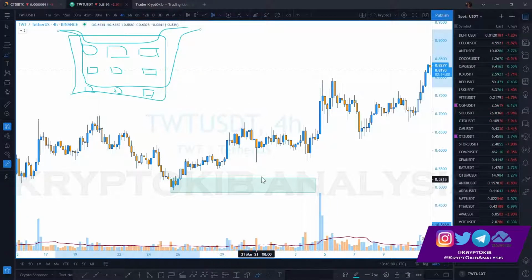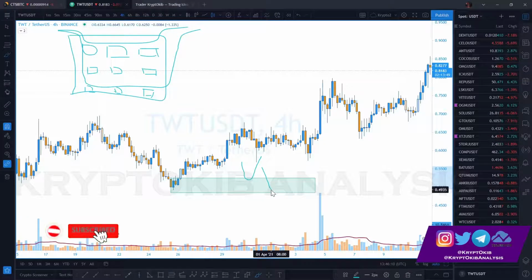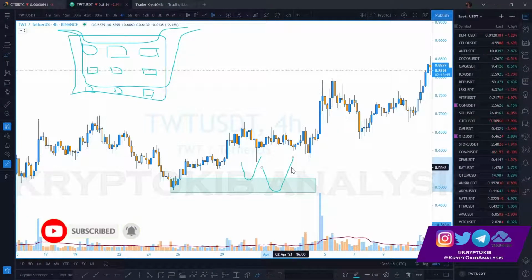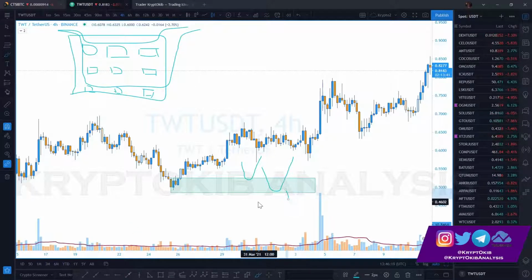It is that price may choose to come back into your zone and just take the tip of the zone and reverse. Likewise, it might enter deep into the zone and then reverse. But the moment it crosses under the zone, it means it's out of that zone.